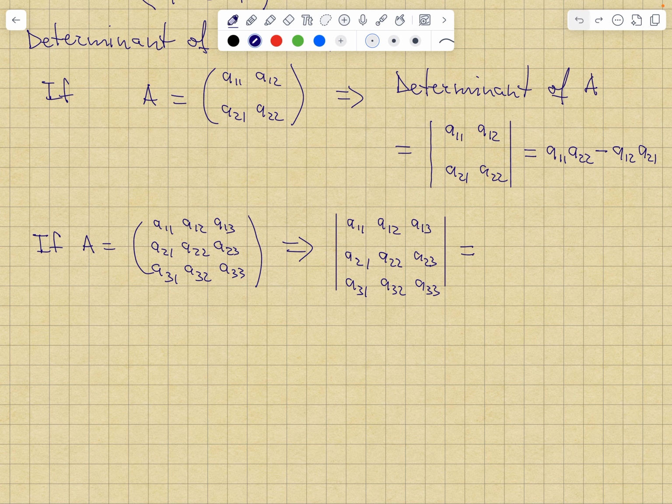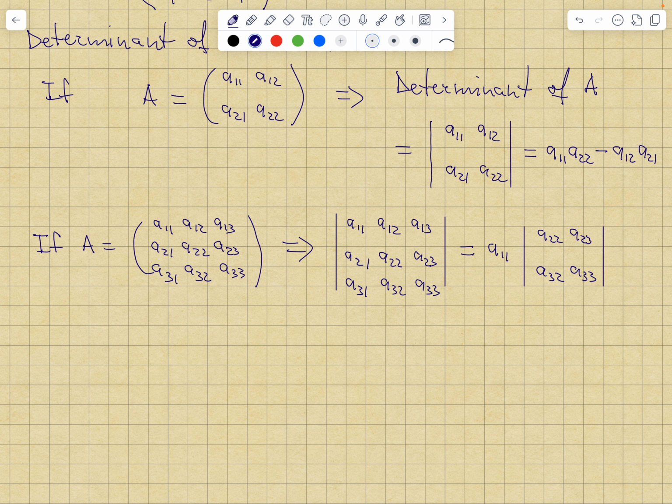So what we're going to do is we're going to take A11 and multiply it by the determinant of a matrix that remains once you remove the first row and the first column. So A22, A23, A32, A33. And then you continue in the same vein.